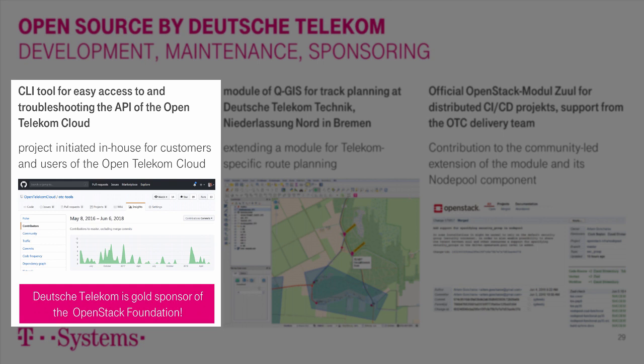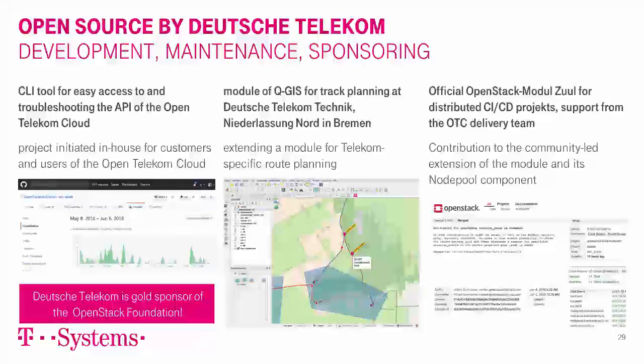That was a project initiated in-house for customers and users of the OTC. It allows to access the different modules and services provided by the OTC through a simple command line interface. This is developed under an open source license.